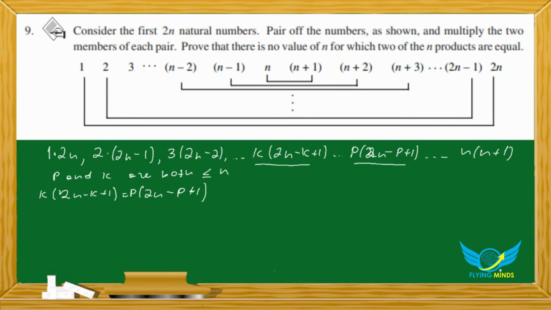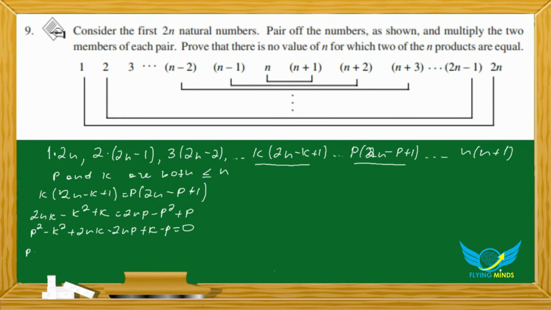Right, so next step, we're going to open brackets, and 2nk minus k squared plus k equals 2np minus p squared plus p. So we're going to take everything to one side. So we have p squared minus k squared plus 2nk minus 2np plus k minus p equals 0.